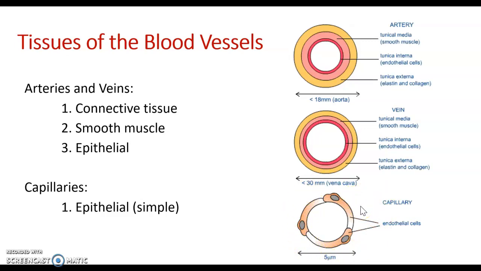So simple epithelial cells. Arteries and veins, on the other hand, have 3 layers of tissue, and that's because their function is a little bit more complicated. So they're going to have on the outside, going from the outside, a layer of connective tissue. In the middle, they're going to have a layer of smooth muscle tissue. Smooth muscle, anytime you see smooth muscle within the body, what you want to think is this is an automatic function.